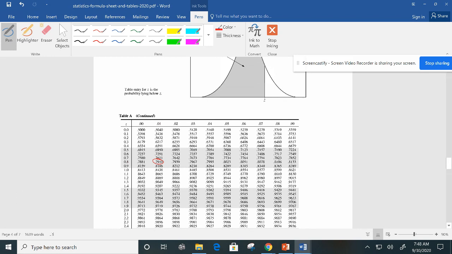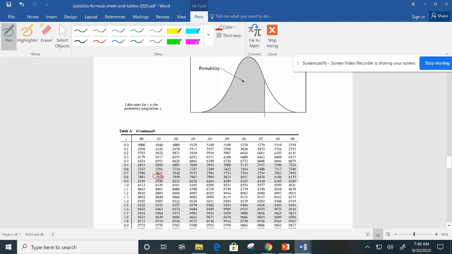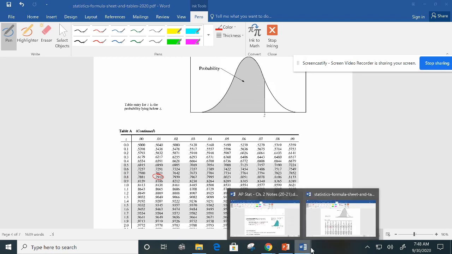And that should make sense to you because 0.81 is above the mean, so we know it should be more than 50%. And this table A always gives the area below that value. If you look at the shading, that'll give you the clue here. This is giving us the area below the z-score that's being asked. So a z-score of 0.81 has an area of 0.7910 below it.